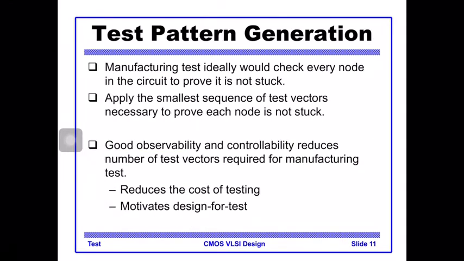Okay, so how do we test? We need to do something known as test pattern generation. The manufacturing test ideally would check every node in the circuit to prove that it is not stuck. So you have to apply the smallest sequence of test vectors to prove that each node is not stuck. Good observability and controllability reduce the number of test vectors required for manufacturing tests.